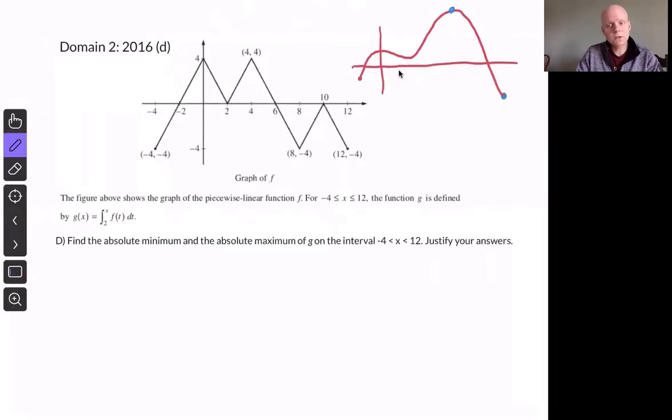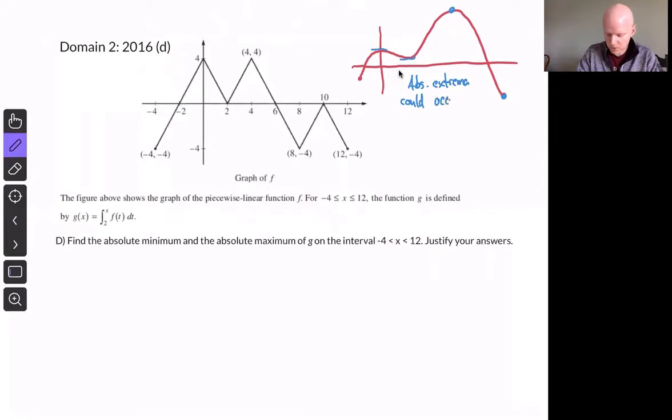And I want you to note where these points could be. We have some local mins and local maxes, like right there and right there. But our absolute max and our absolute min, so absolute extrema, can occur in either of two places.